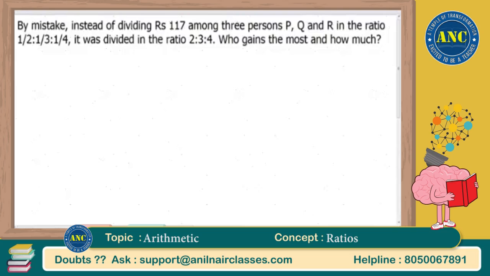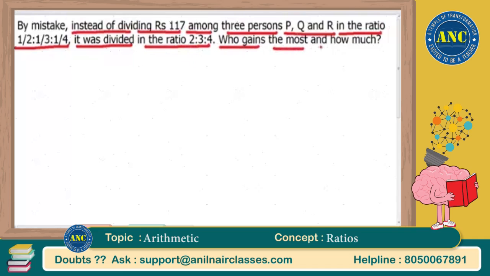Please read every statement carefully. By mistake, instead of dividing 117 rupees among 3 persons, P, Q and R in the ratio 1 by 2, 1 by 3, 1 by 4, it was divided in the ratio 2:3:4. Who gains the most and how much?